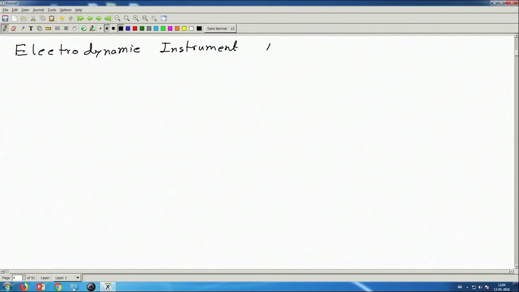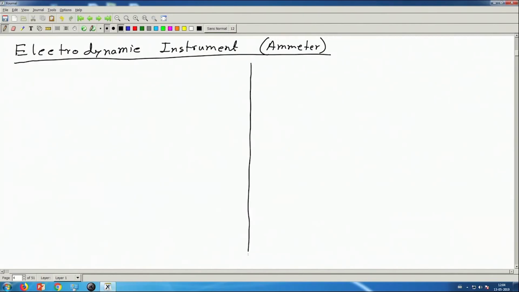So, this is again an ammeter. Okay. Now, let us draw the two types of instruments side by side. So, on this side let me draw the instrument that we have just studied, PMMC, and here we will draw electrodynamic.